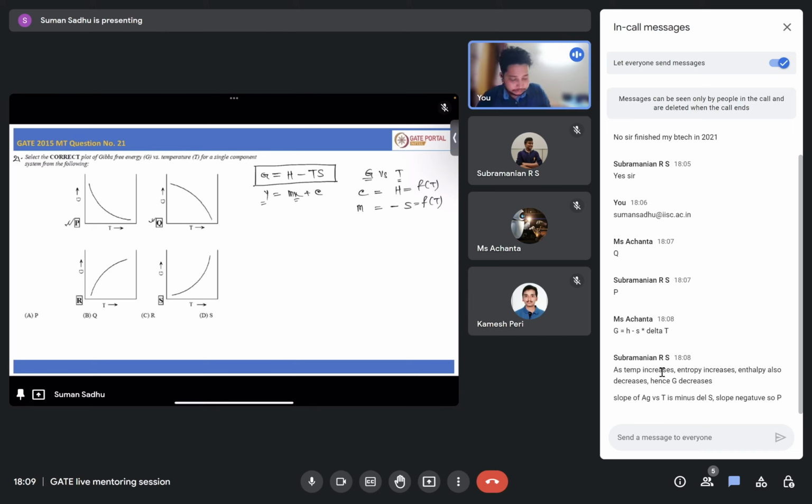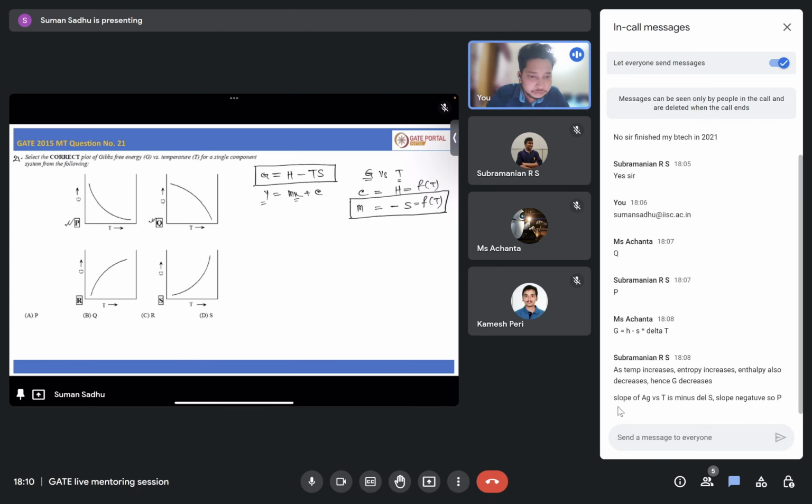But in both cases, P and Q, your G is decreasing because the slope is negative, right? Actually your G versus T graph, with temperature, G should decrease. So in both cases G is decreasing.